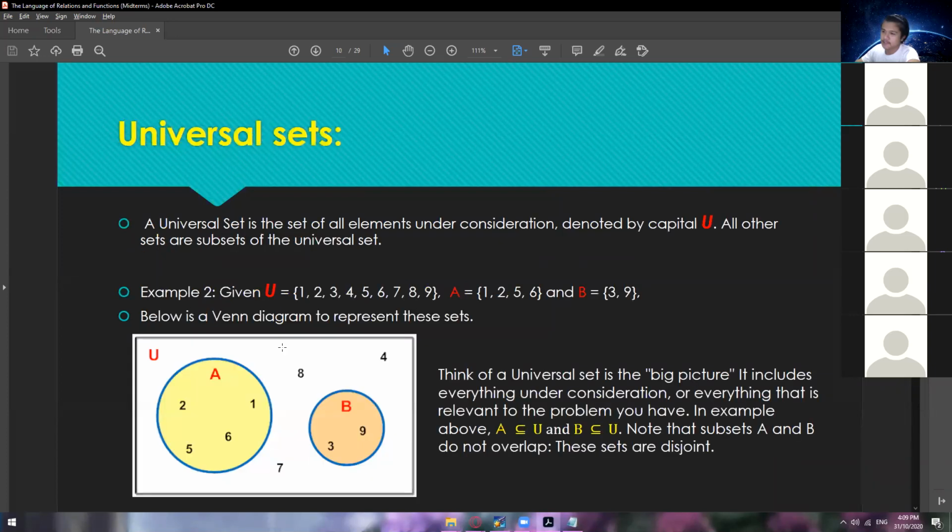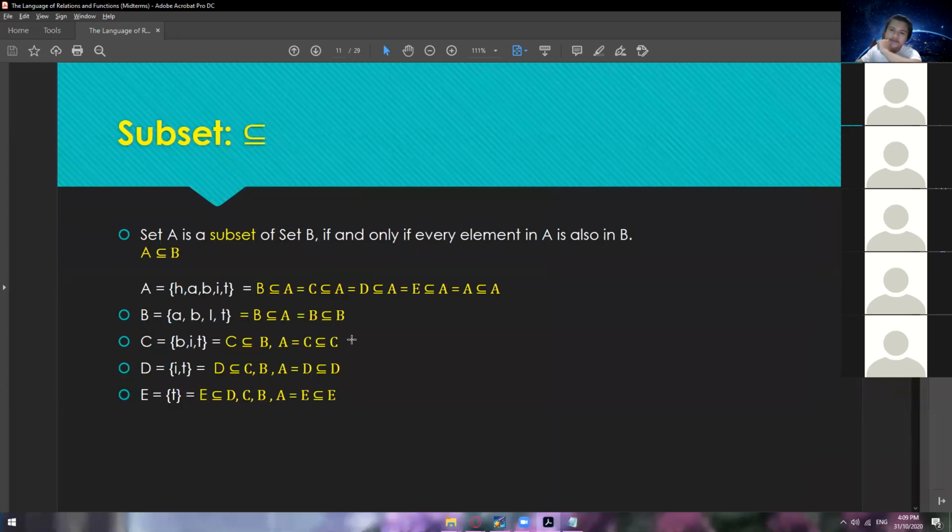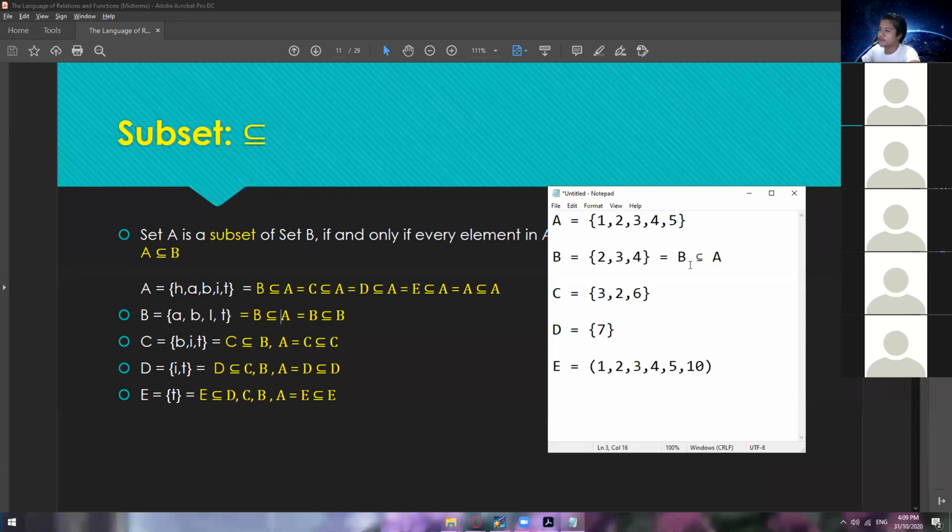Yes, B is a subset of A. Why? Again, all the elements of our subset, which are the elements of subset B, 2, 3, 4, must be found in our superset. So 2, 3, 4.